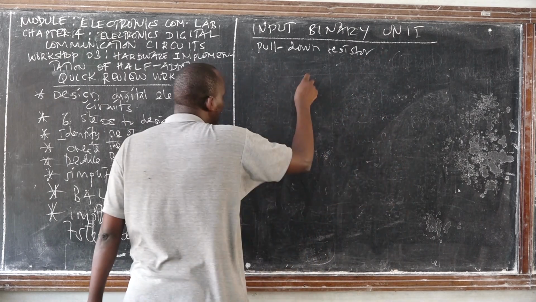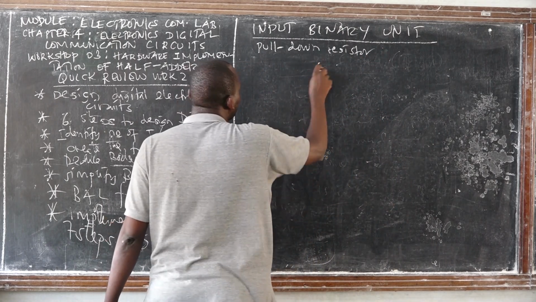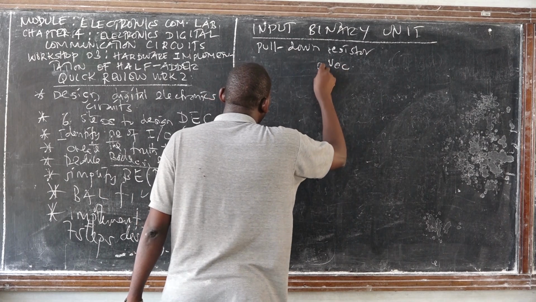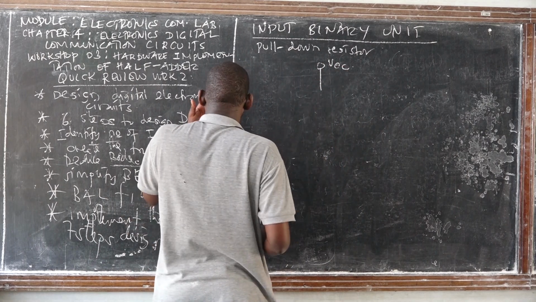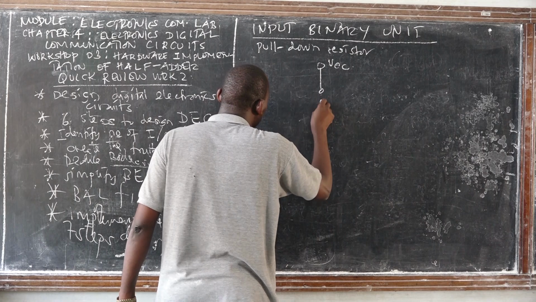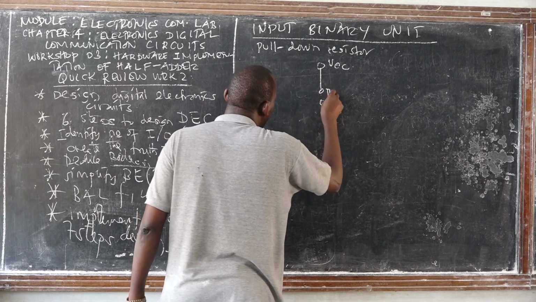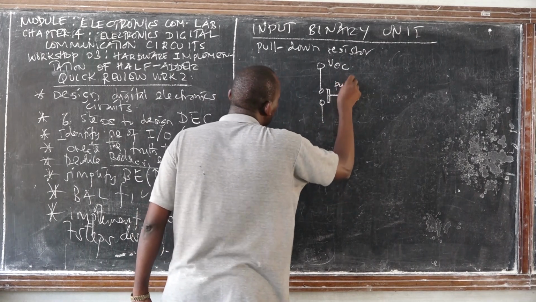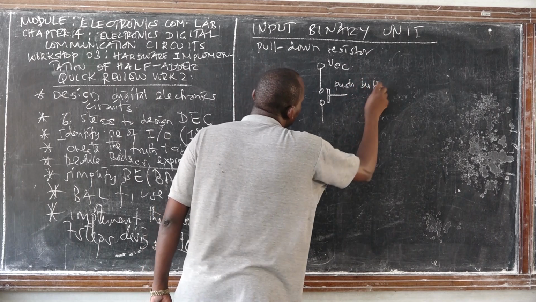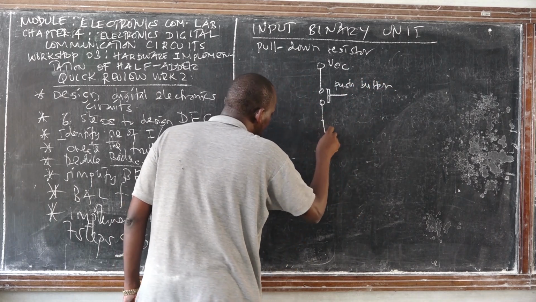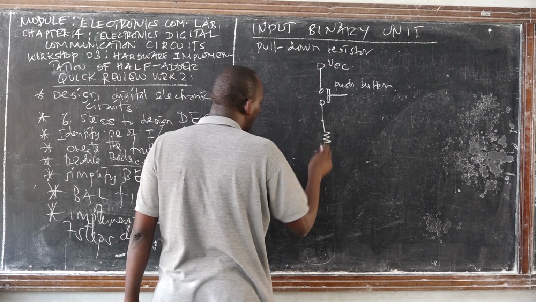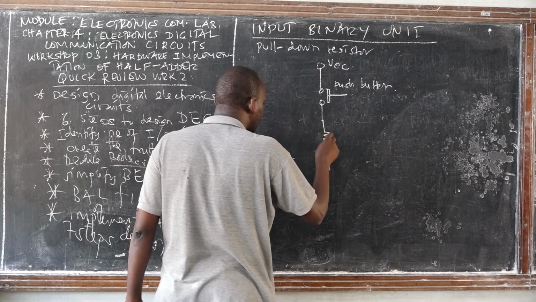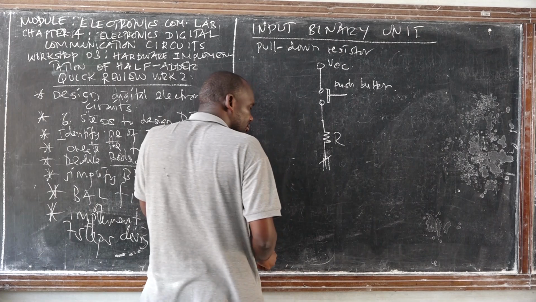The resistor network consists of three components. The first one is the power source, and then we have the push button, and another steady component called the resistor.